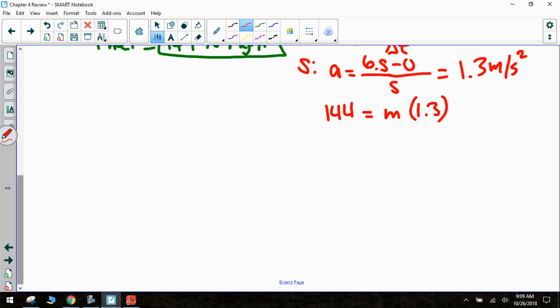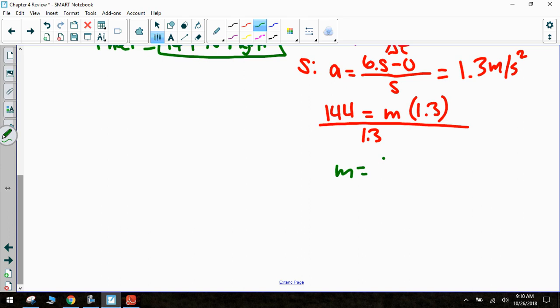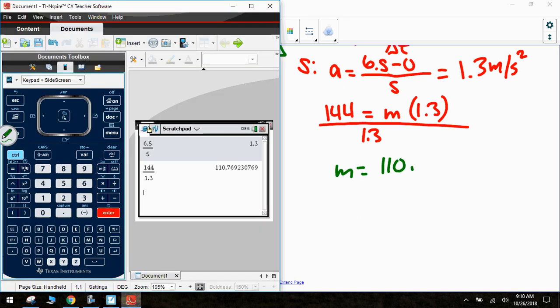Being multiplied, so I need to divide. Divide both sides by 1.3. So 144 over 1.3 is what? Okay, so I got that the mass is equal to 110.769.